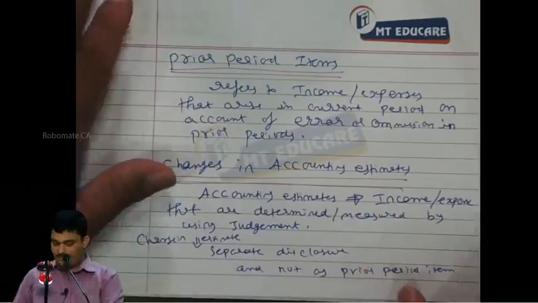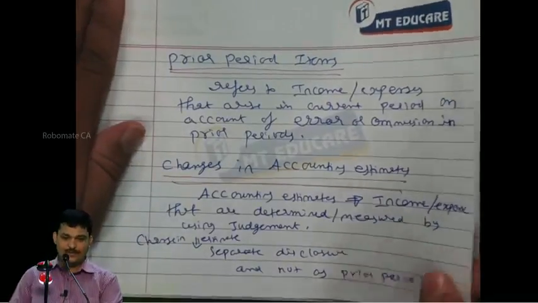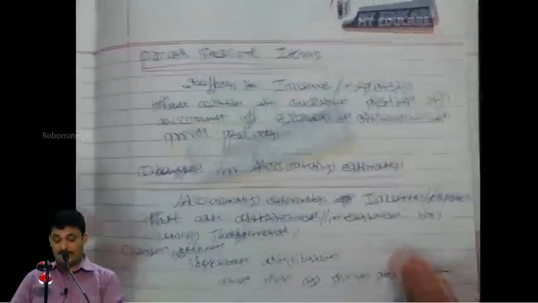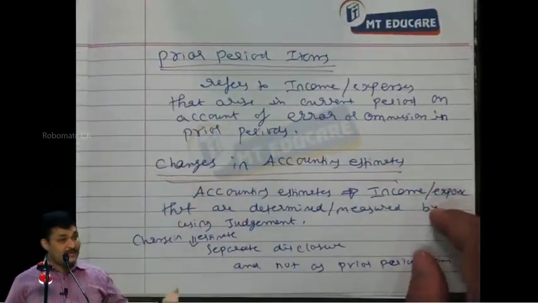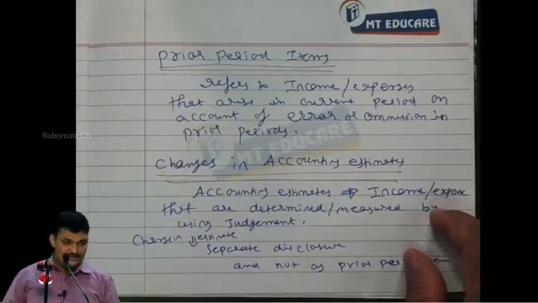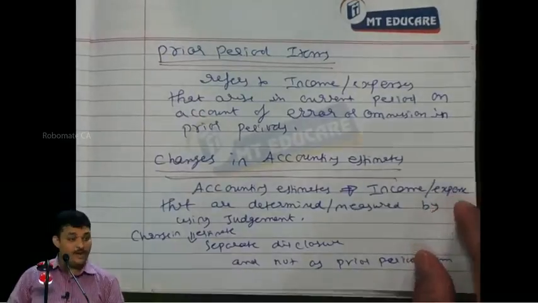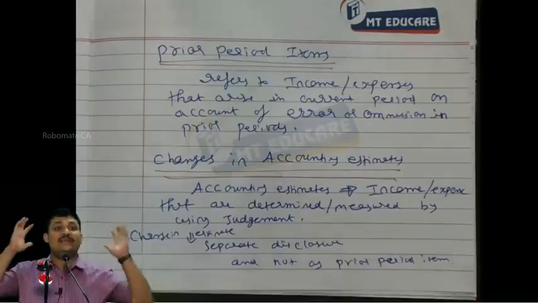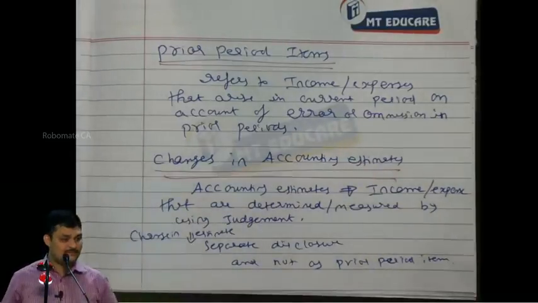Understood? Now we have the last item called change in accounting policy. So any judgmental error, any change in the provision, shall not be considered as prior period. Judgmental error is not error.